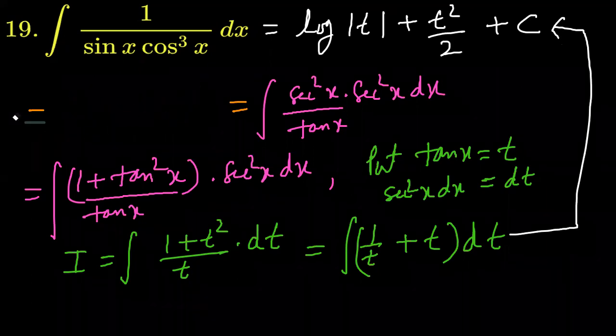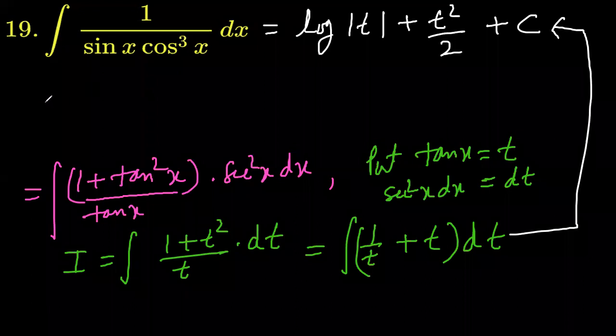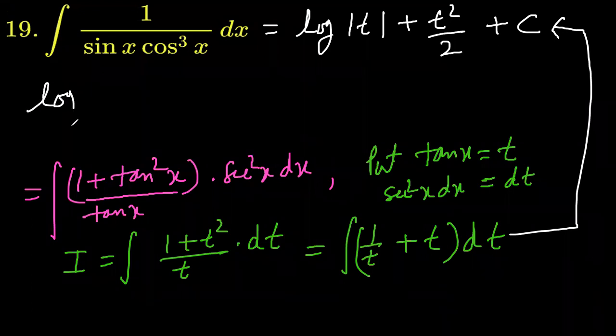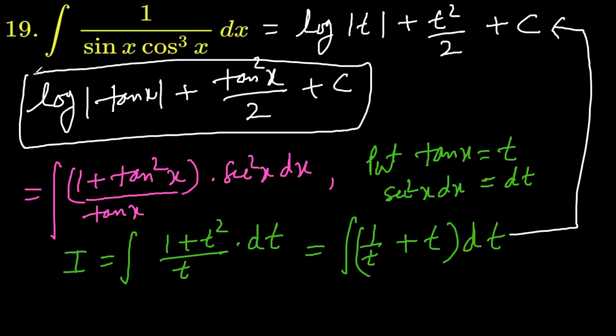So when you retain the value of t, you get log of t, and t was tan x. Yes, log of tan x plus tan square x by 2 plus c. So this is your final answer.